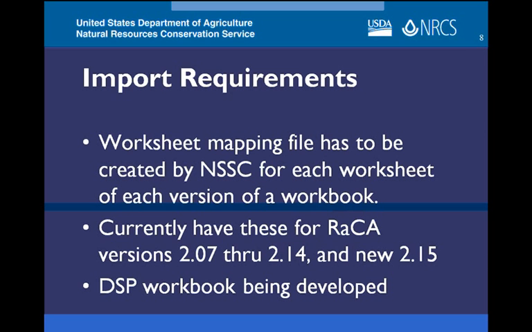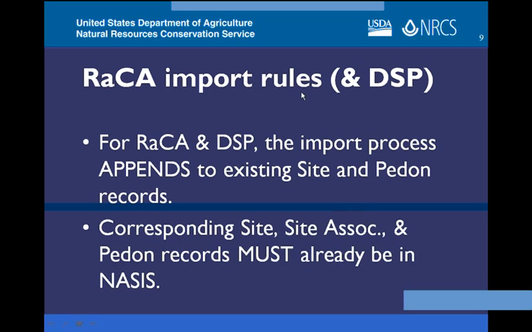Some of the rules related to RACA specifically and the DSP stuff: the import process appends the data from the spreadsheets to existing site and pedon records in NASIS, meaning those site and pedon records have to already exist in NASIS, either by importing from PEDON PC or creating them directly inside of NASIS.